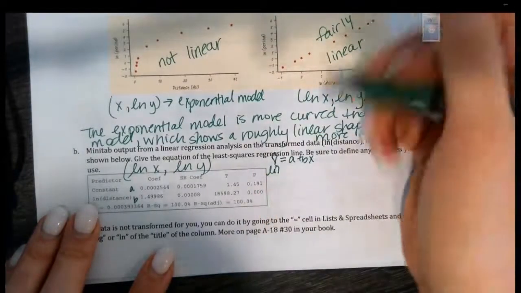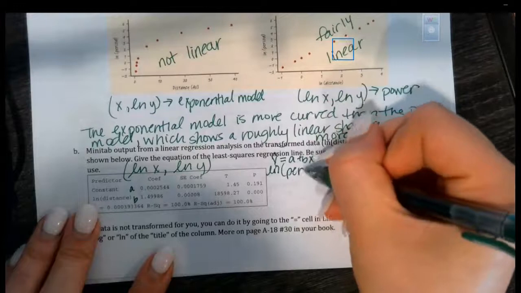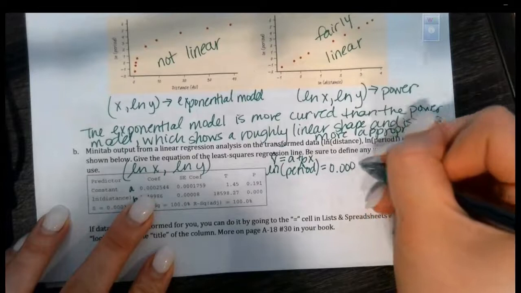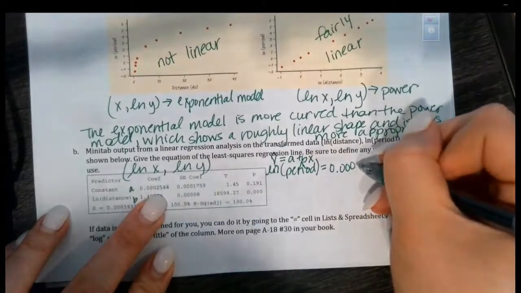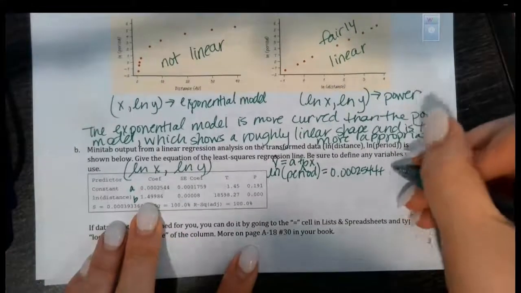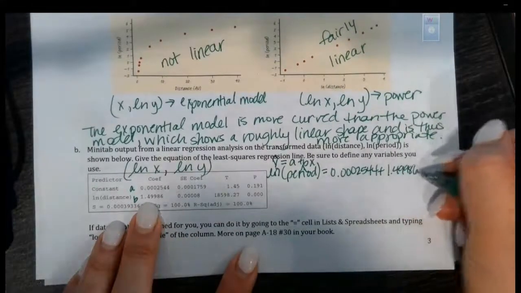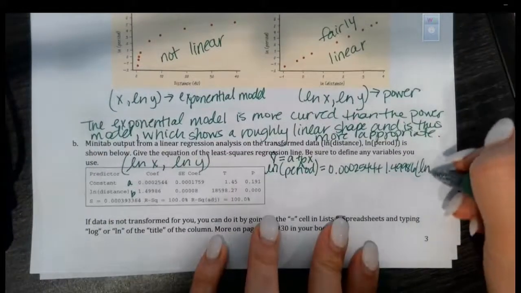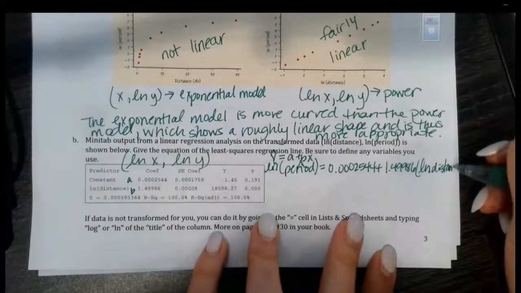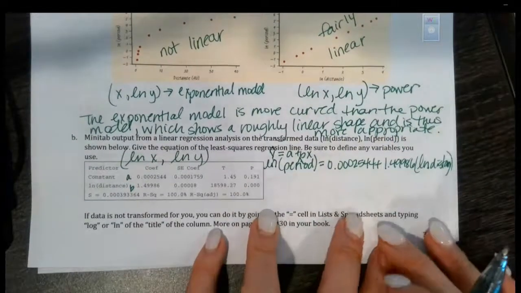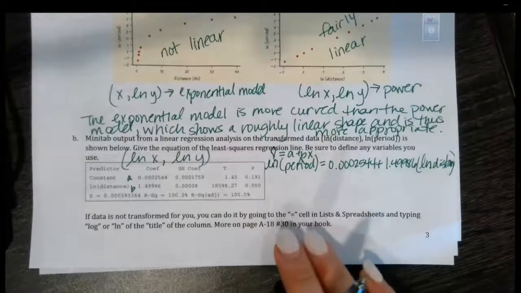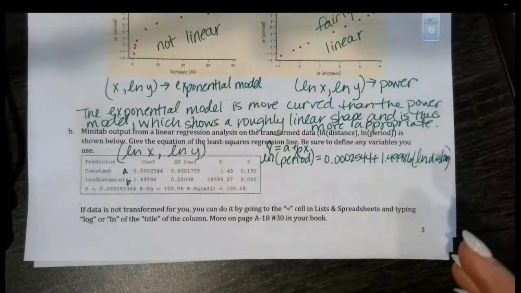So our y hat here, the natural log of the period, is going to be equal to 0.0002544 plus, we now have our b value, the 1.499866, and we're going to multiply that times the natural log of the distance. I'm not writing on a space, but you get the idea. Alright, so here is our equation. We've defined our variables, so we're good.